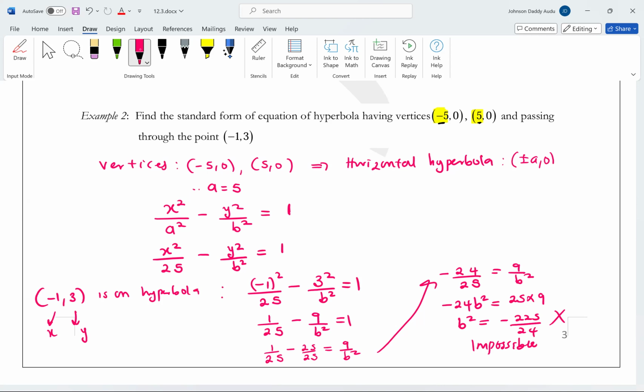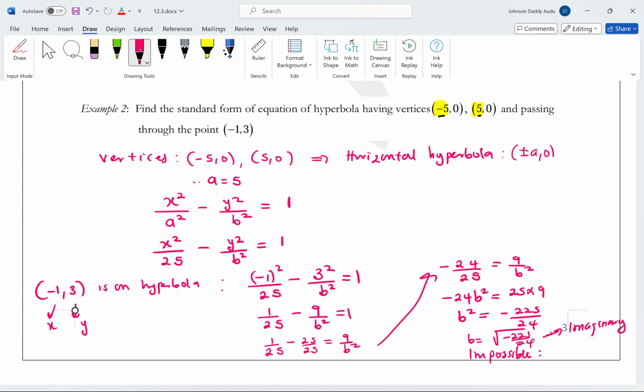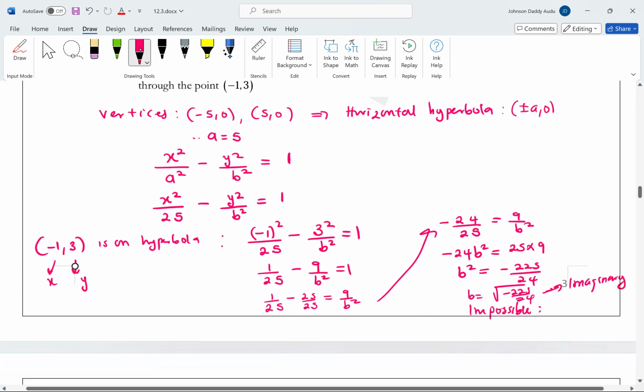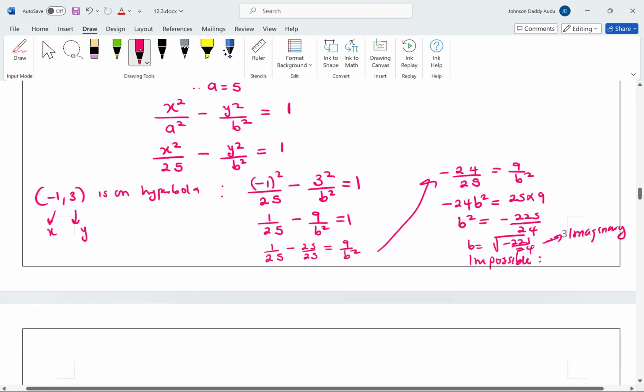Because you cannot find B. Let's say B is going to be the root of minus 225 over 24. So this is complex, imaginary, so it is impossible. So it simply means there is no hyperbola that has these parameters.